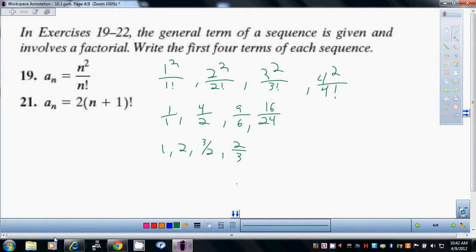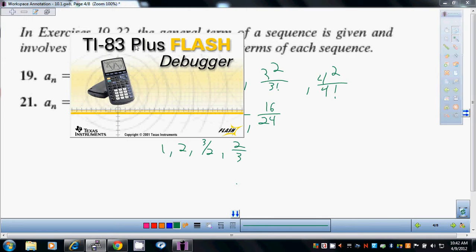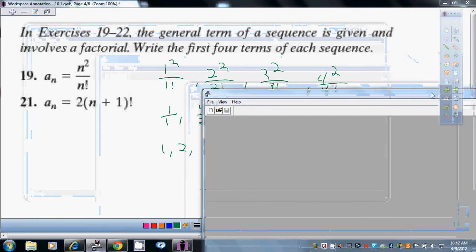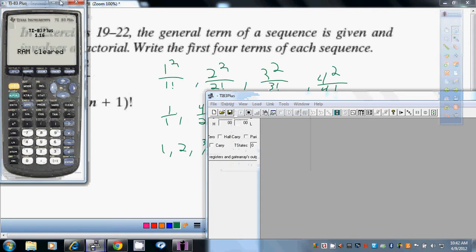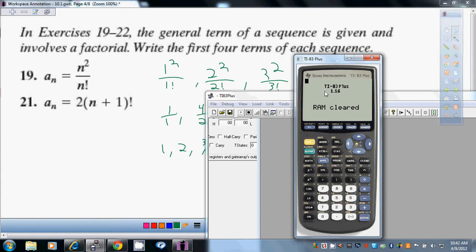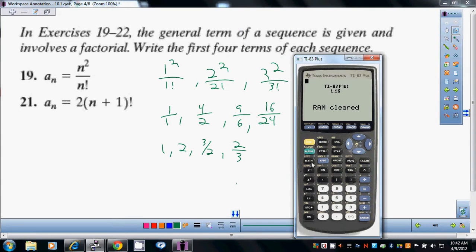Let me boot up the calculator. The factorial button on your calculator, there it is. If you click math and scroll all the way over to probability, it is the 4th one down.